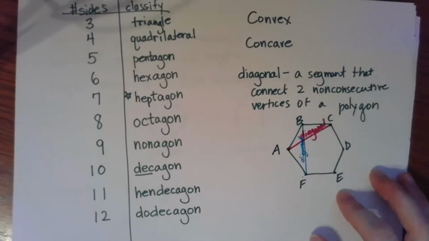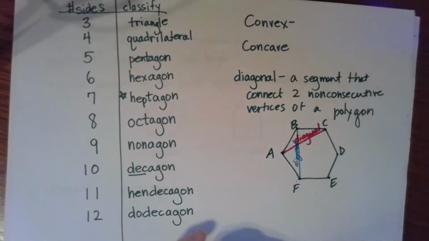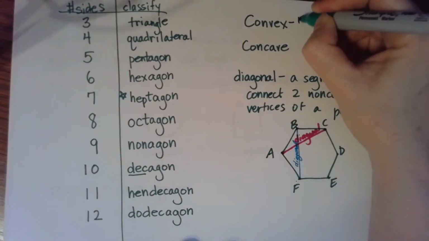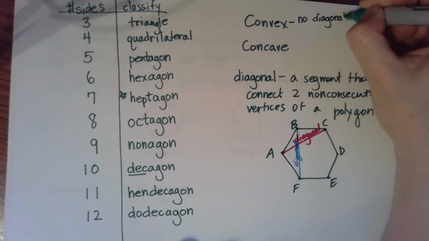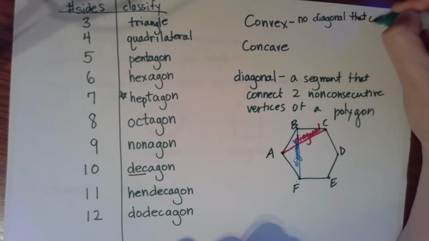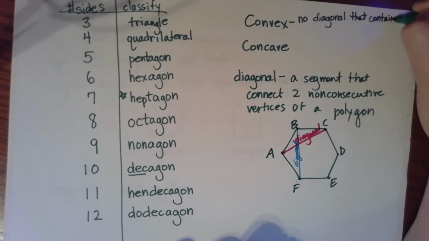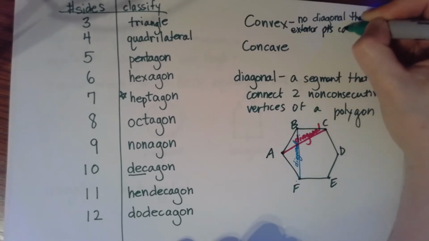When we look at the words convex and concave, these are related to diagonals. A polygon is classified as convex if no diagonal that contains exterior points can be drawn.